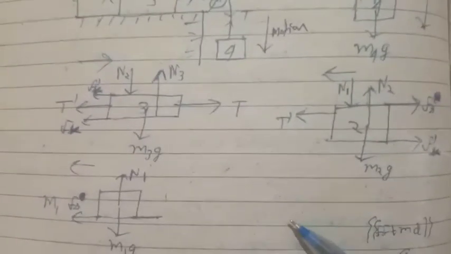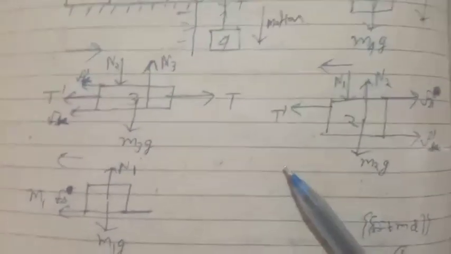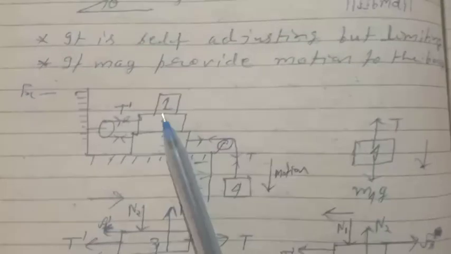So then we can draw the FBD taking different situations. Now for body one, we see that this body is moving in this direction, and body one is at rest on the second body.